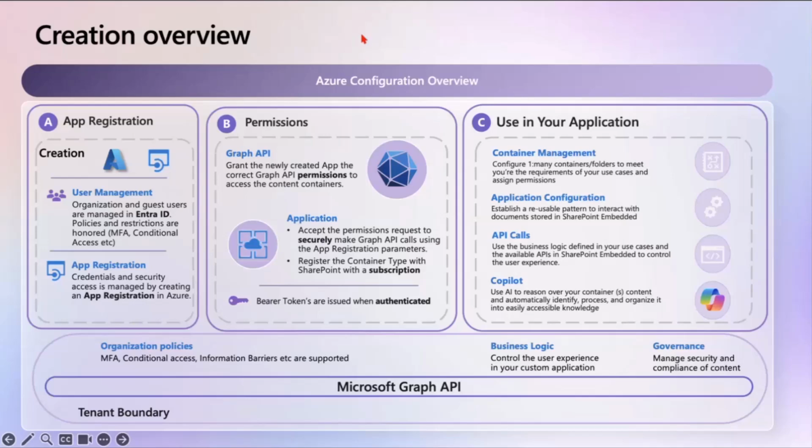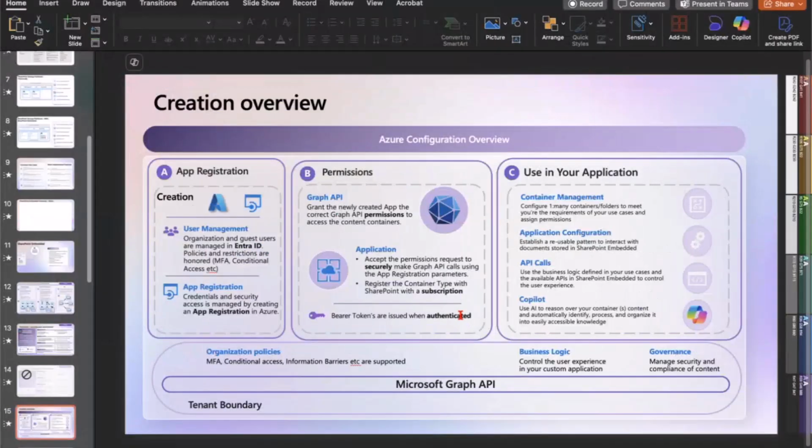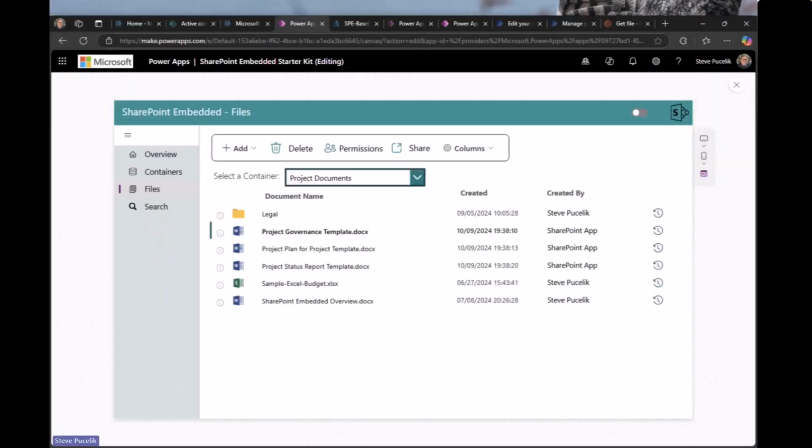Okay, all right, so I am going to jump out of the deck. We are going to get into what this stuff looks like. First thing I'm going to do is walk through an overview of what the Power Platform app does, and then we're going to go back into the plumbing on how things come together.